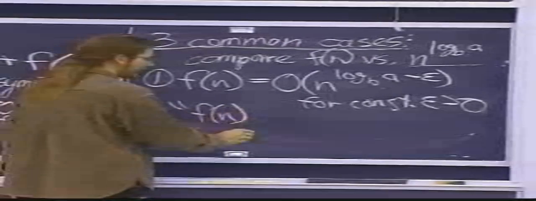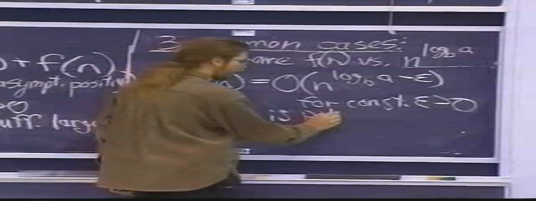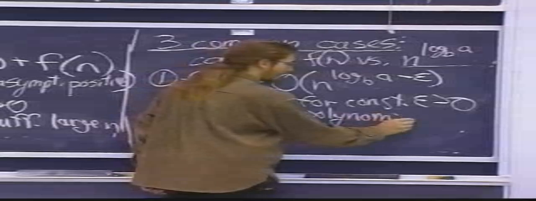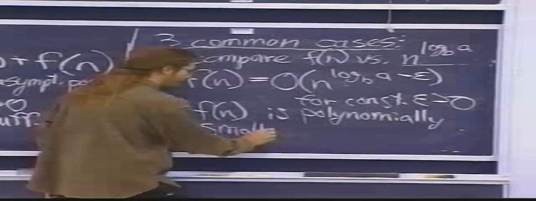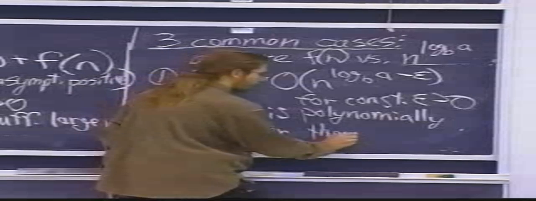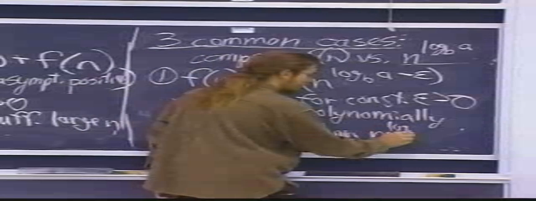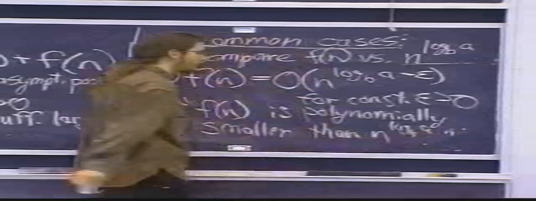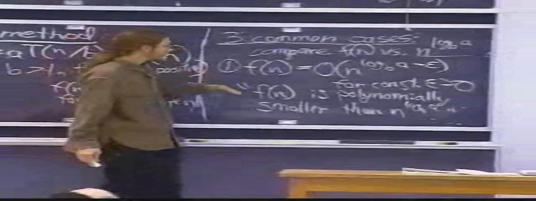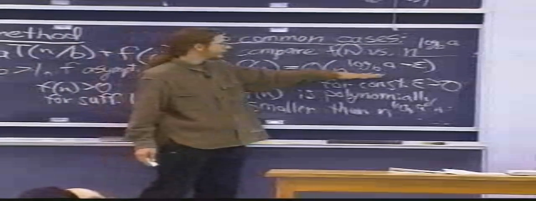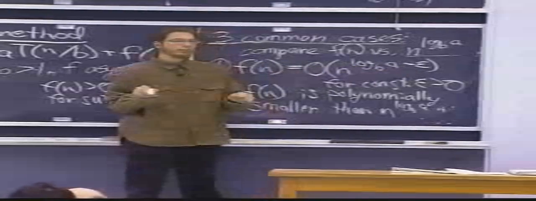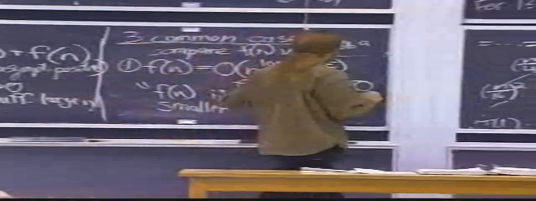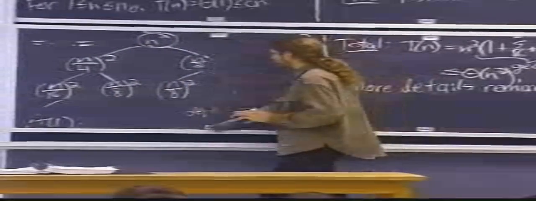So in words, you say that f(n) is polynomially smaller than this other function, n to the log base b of a. Okay, it just says if you take the ratio f(n) divided by n to the log base b of a, there's at least an n to the epsilon term of gap between them. So it's saying f(n) is quite a bit smaller. But as long as epsilon is positive, that's all you need.